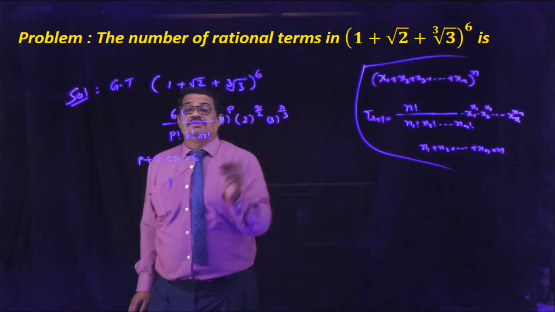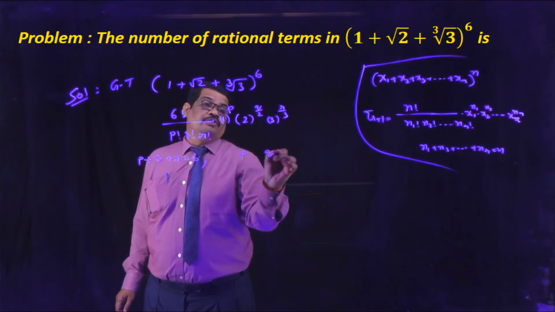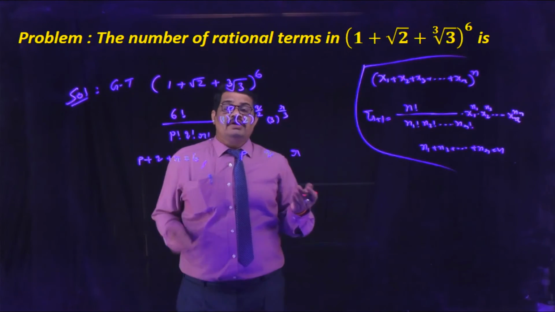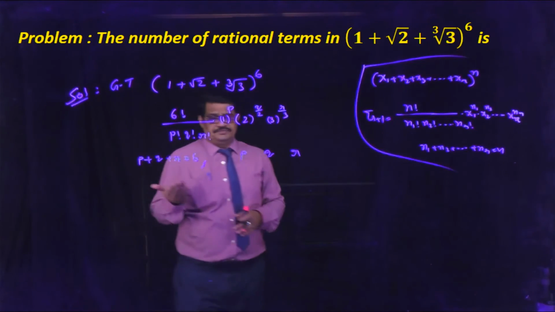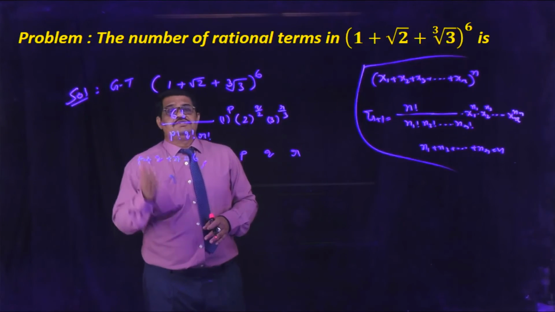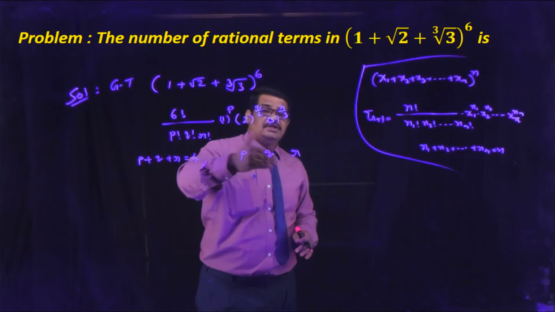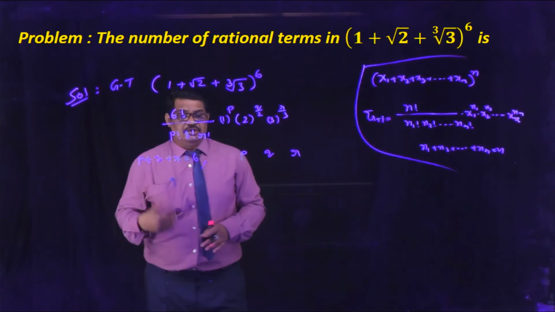Now we are choosing the values of p, q, r. The number of choices is the number of rational terms we obtain.